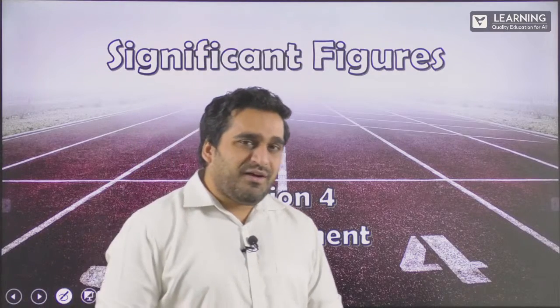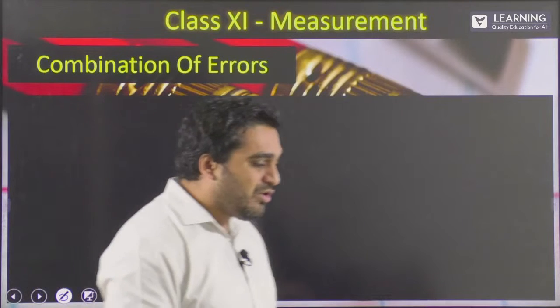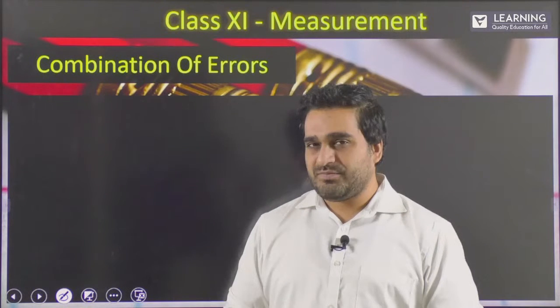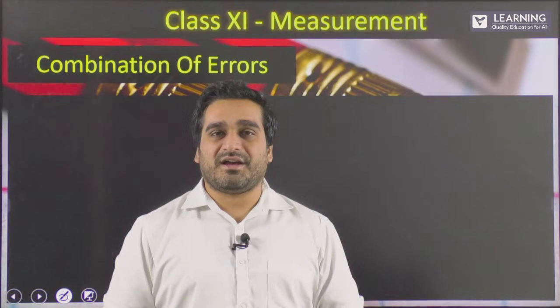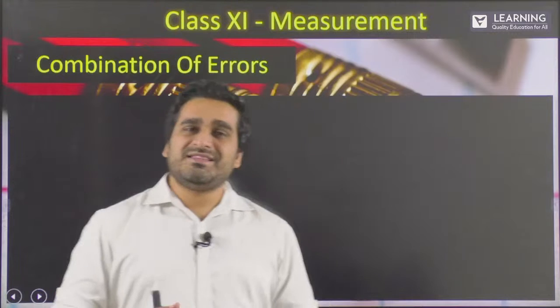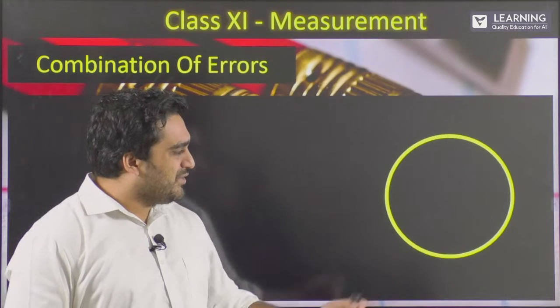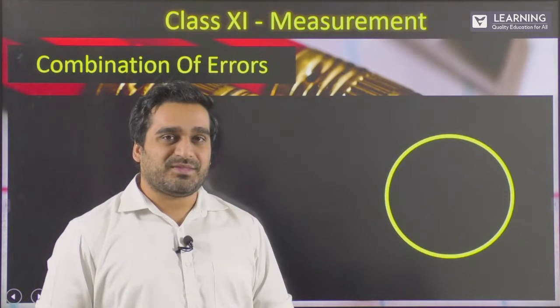So let us have a look into the different types of errors based on the combination of errors. And when do the combination of errors arise? Here's a given experiment. Let's say a circle, which is shown on my left-hand side and on your right-hand side.